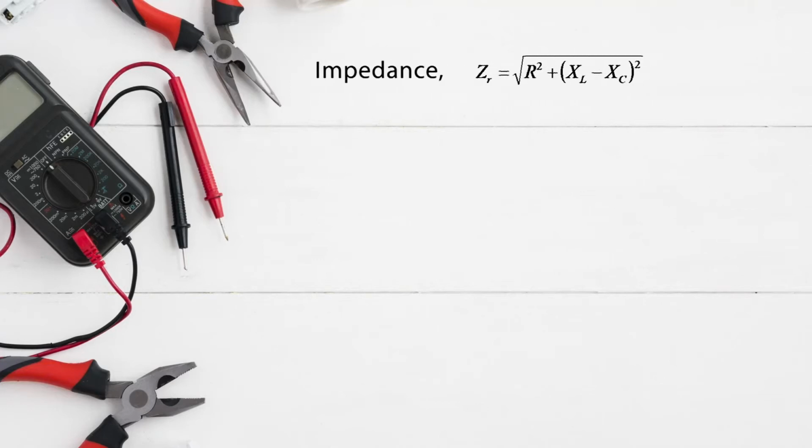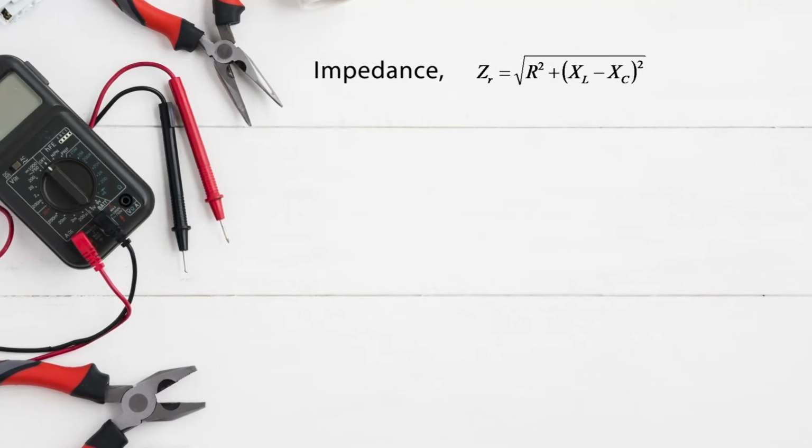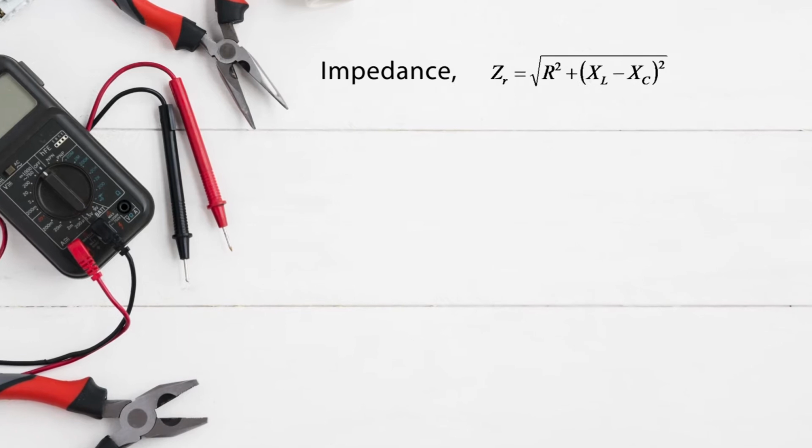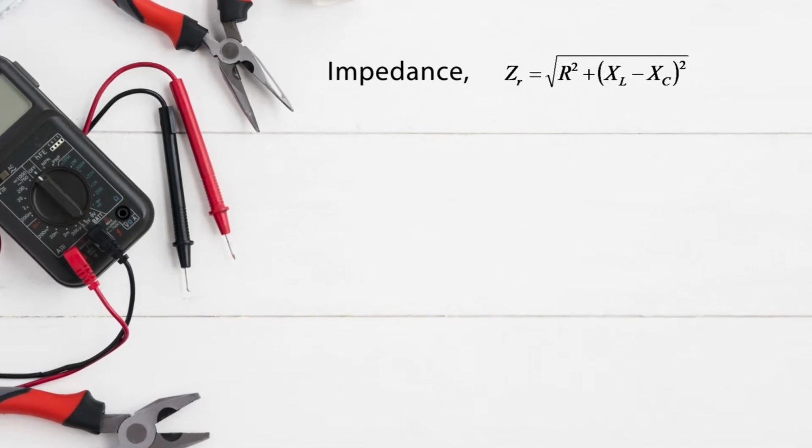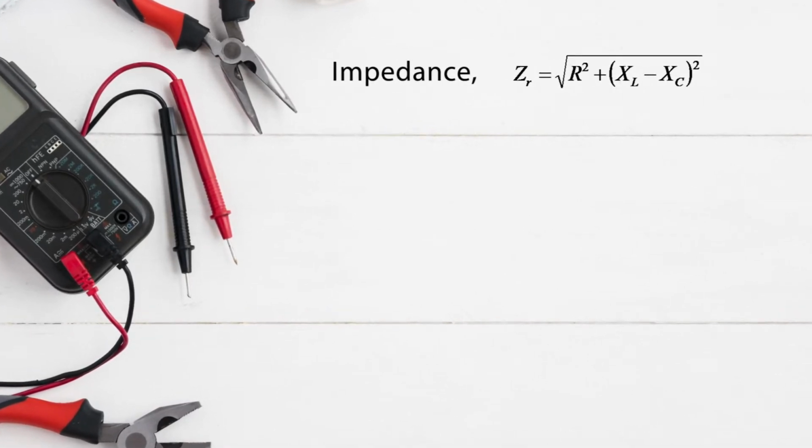As you know, for this series resonance circuit, the impedance can be written as the square root of R square plus XL minus XC whole square. If we are talking about the series resonance, I already told you that XL is equal to XC, so XL and XC will be cancelled out.